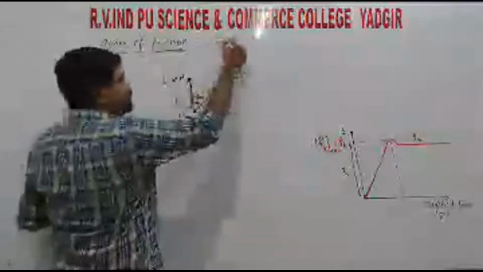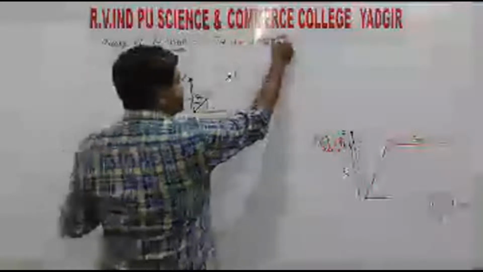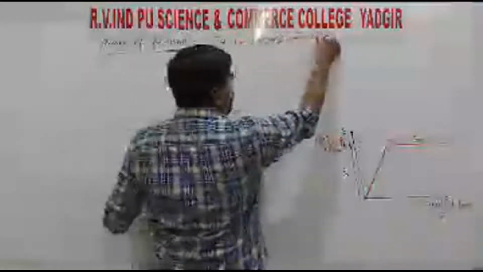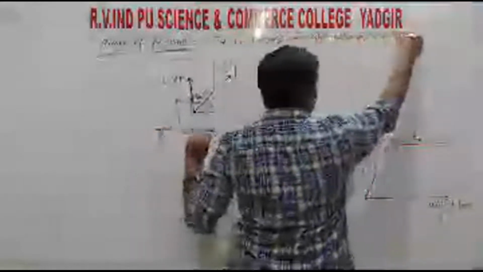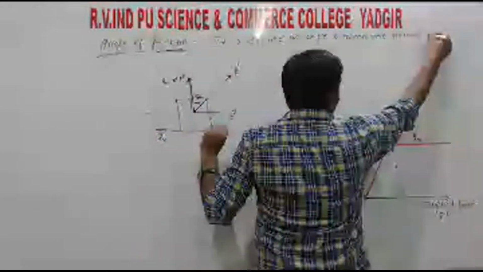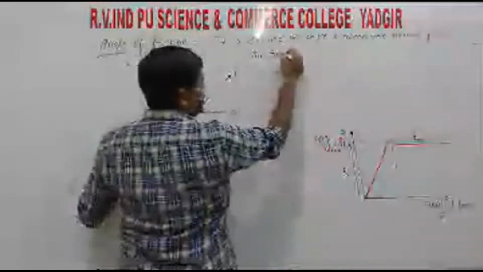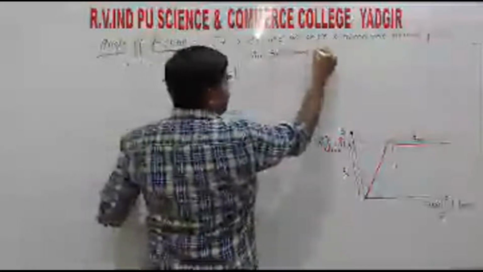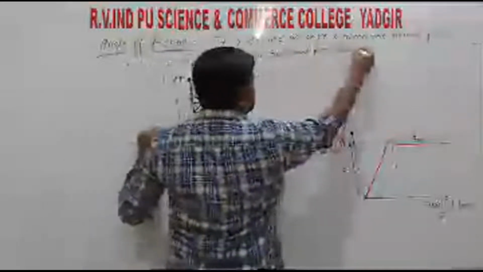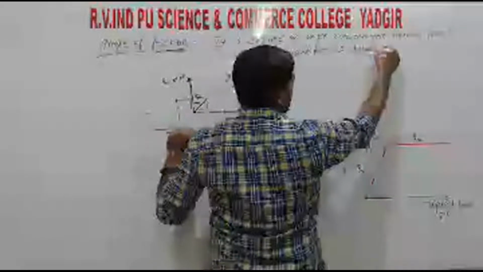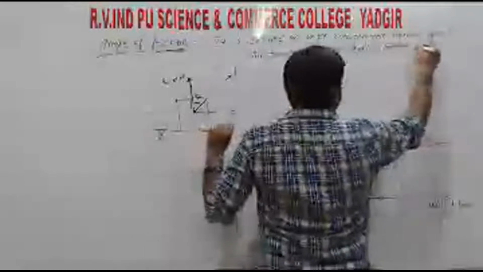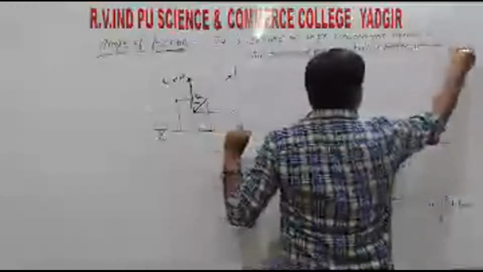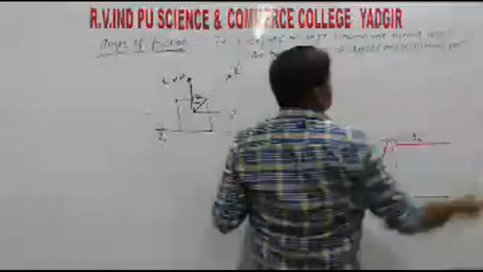So it is defined as the angle between the normal force and the resultant force of the applied force and normal force, right?